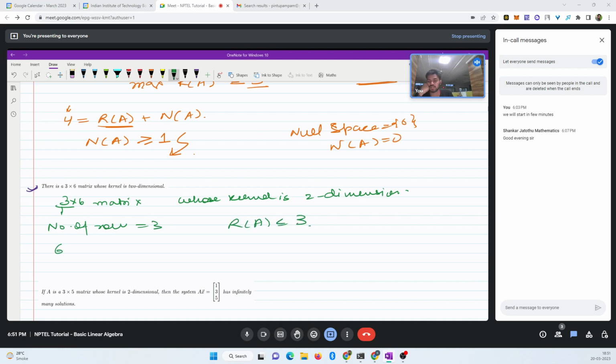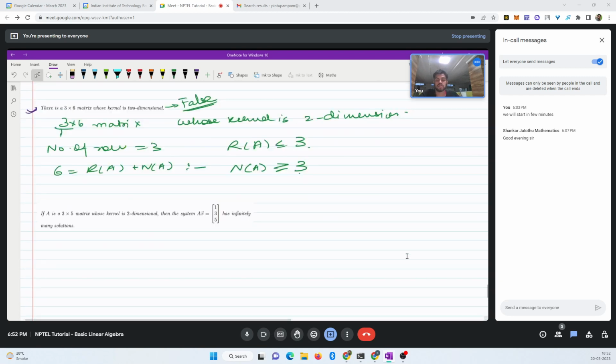Okay, and 6 is equal to rank of A plus nullity of A. What does this give us? This gives you that nullity of A should be greater than or equal to 3. But they are saying that it is of dimension 2. So again, this fact is also false.